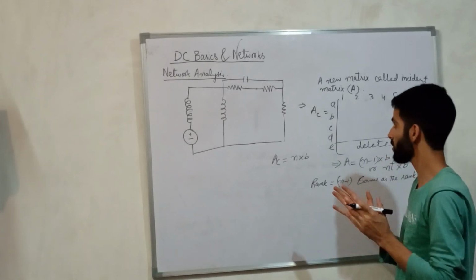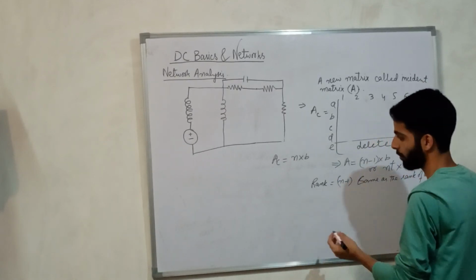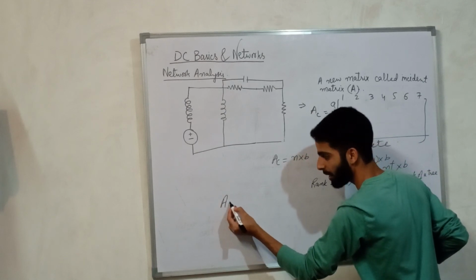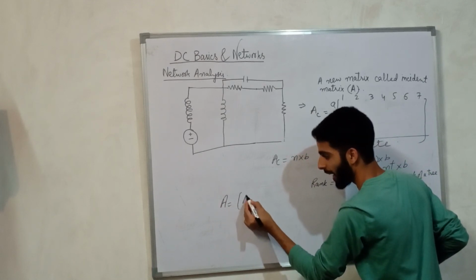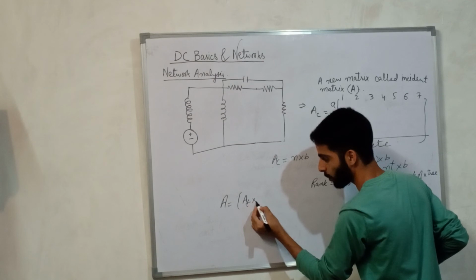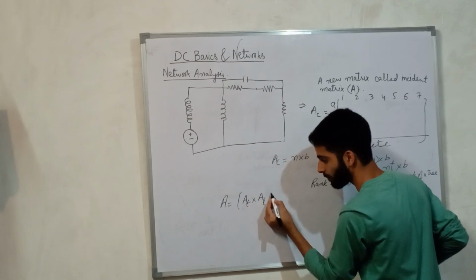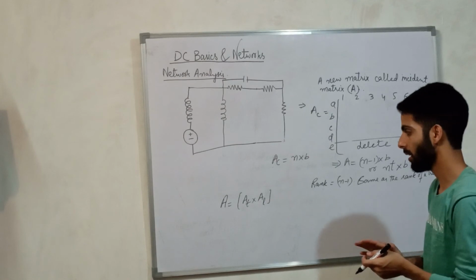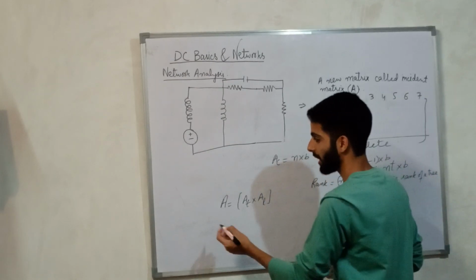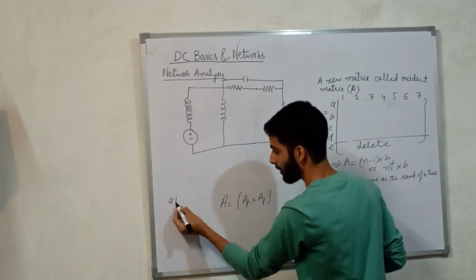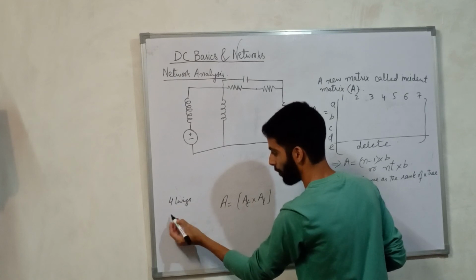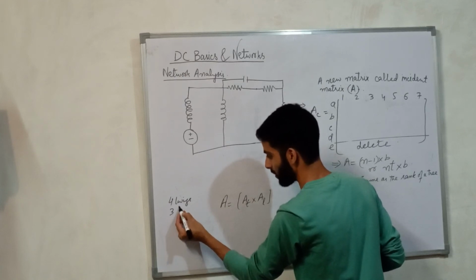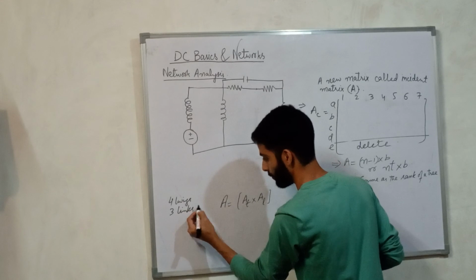Moreover, we can reduce this A into the form AT and AL. Recalling back, how many twigs were there? There were 4 twigs. How many links were there? 3 links. You can see in your graph.